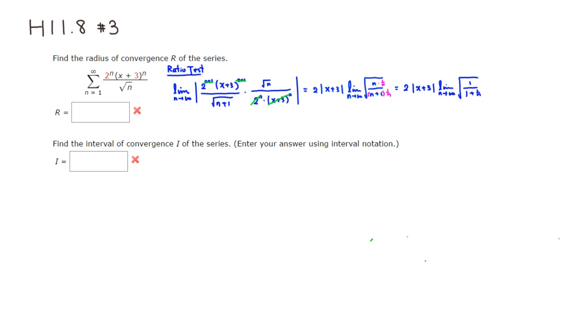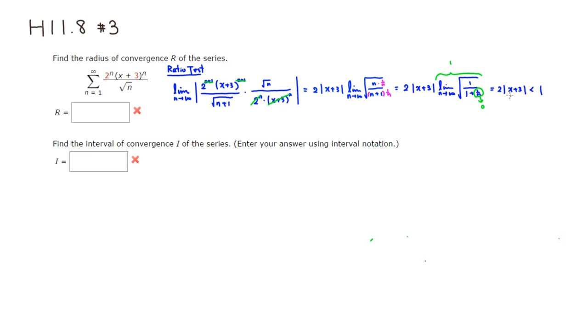And this 1 over n approaches 0, so you just have the square root of 1 over 1, which is just 1. So the limit is going to be 1. So we have 2 times the absolute value of x plus 3 is less than 1, by the ratio test.